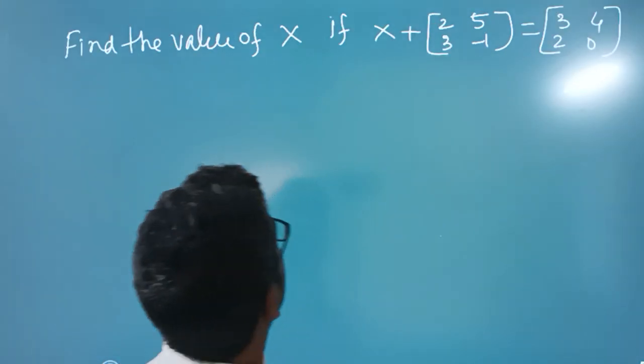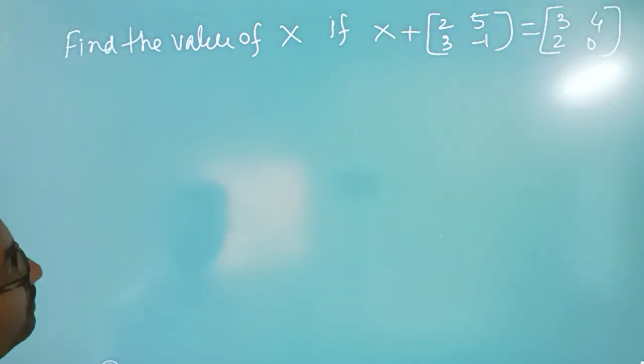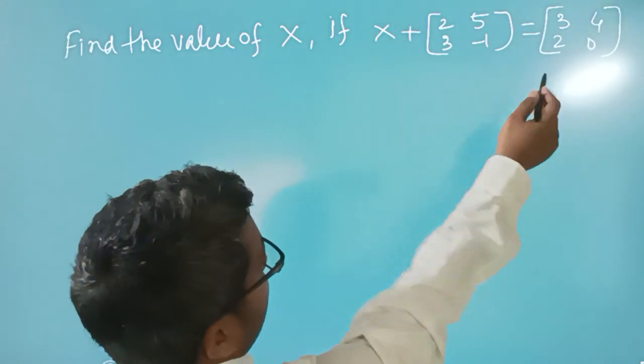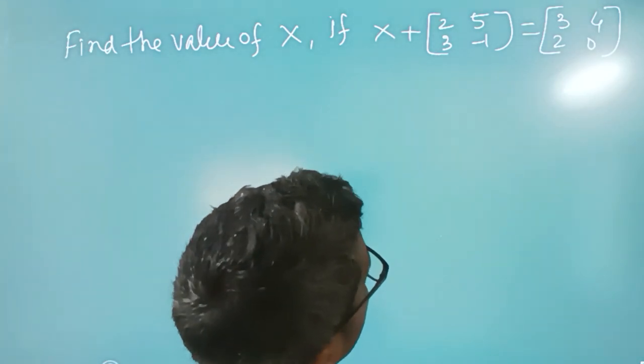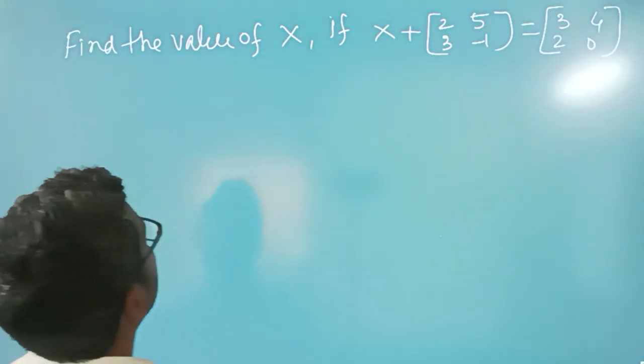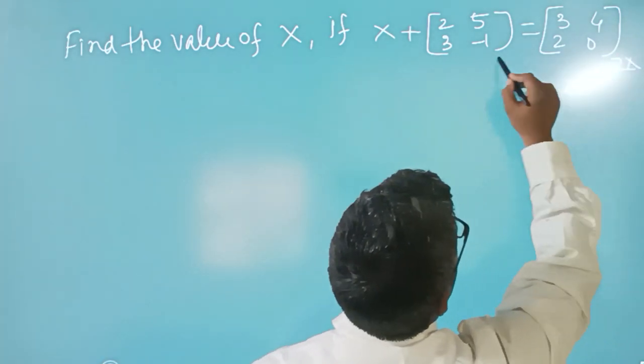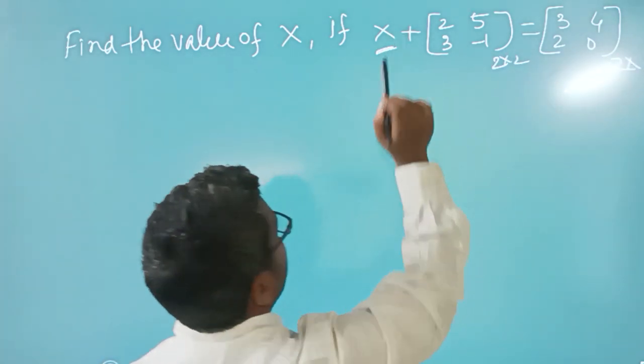Next, find the value of x if x plus the matrix 2 5 3 minus 1 equals another matrix 3 2 4 0, both of order 2 cross 2. What is the value of x?